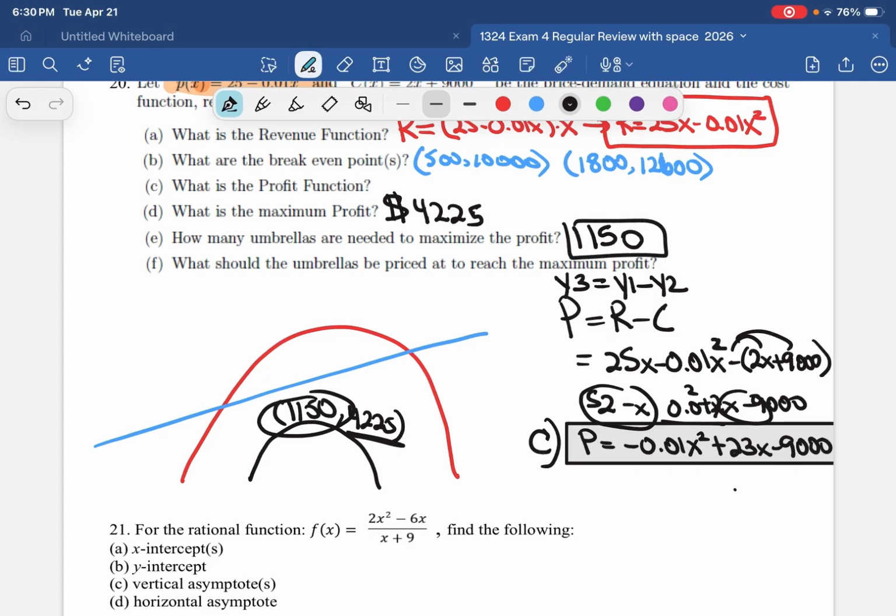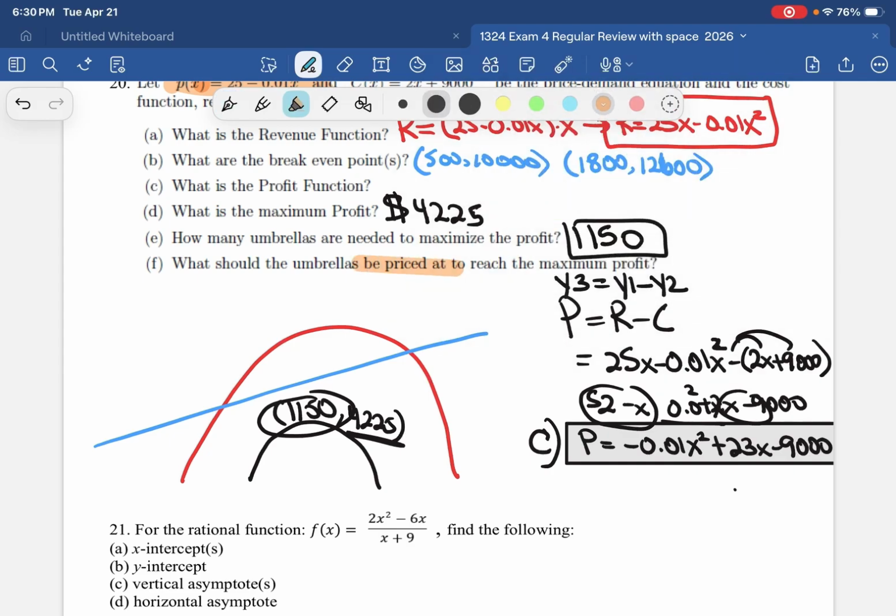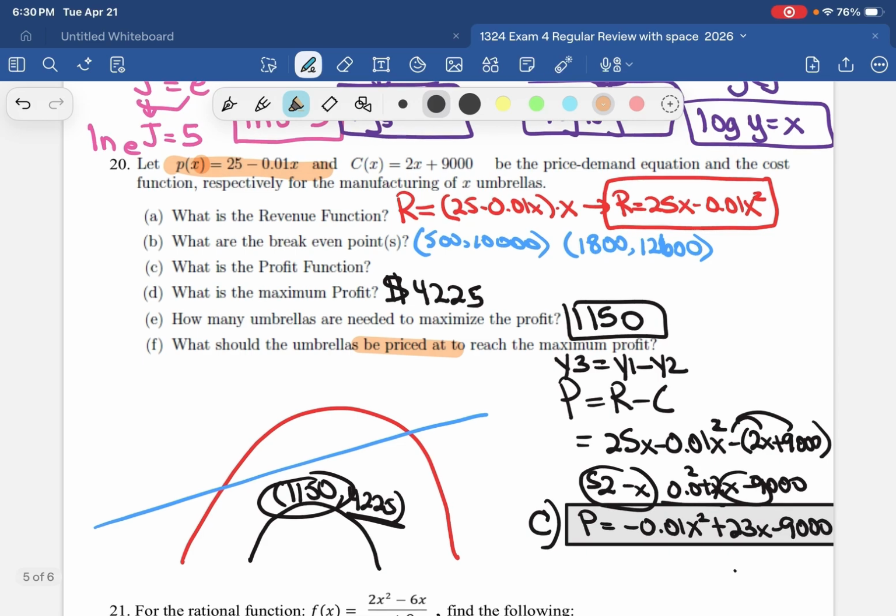Then part F says, what should the umbrellas be priced at? So price is where people forget where the price was, but we highlighted it up here, our price. And so it's going to be priced at, in order to maximize the profit. So my price equation is 25 minus 0.01x.